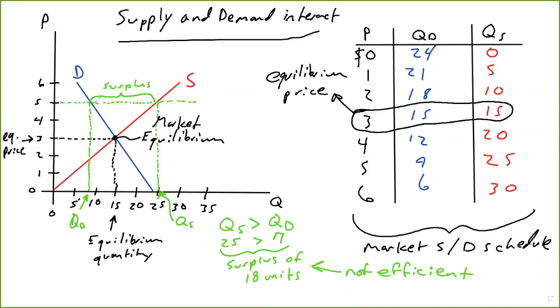Alternatively, we can consider a price below the equilibrium price. So let's say the price is $2. We can do the same thing, find where that price intersects both curves, and then drop a line down to the x-axis.